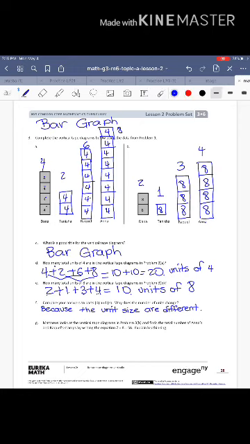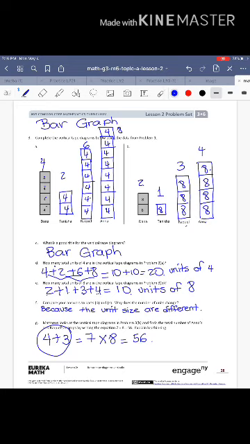Anna has a total of how many units? He has 4, right? And how many does Raquel have? He has 3, right? So this totals 7, and then he times 8, because that's the value of each one. 7 times 8 equals 56. So does it make any sense?